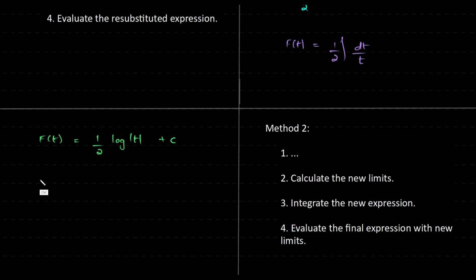So when I resubstitute back, therefore f of x is equal to half log of x squared plus 1. Yes, I know that most of you would have been able to tell this directly. I agree. This is just an example.